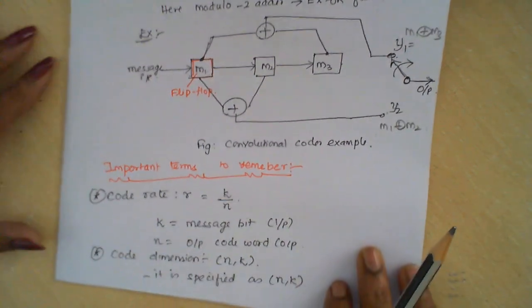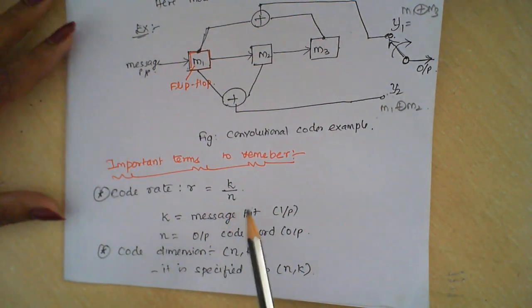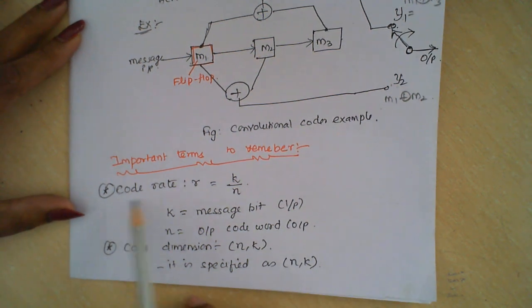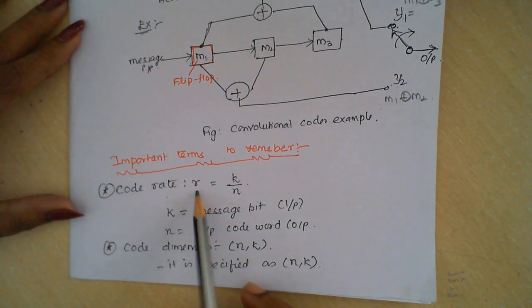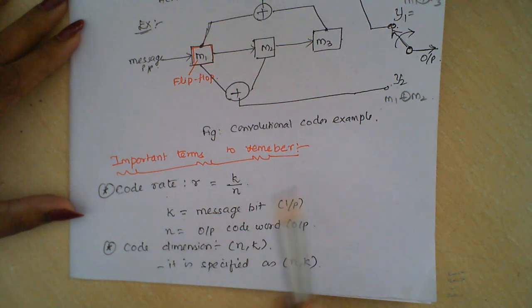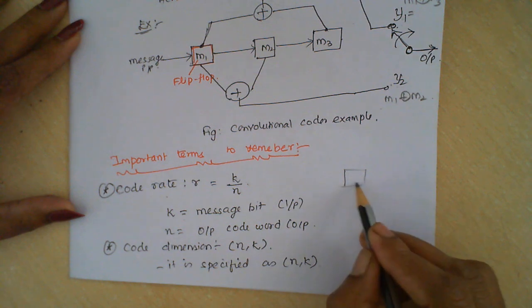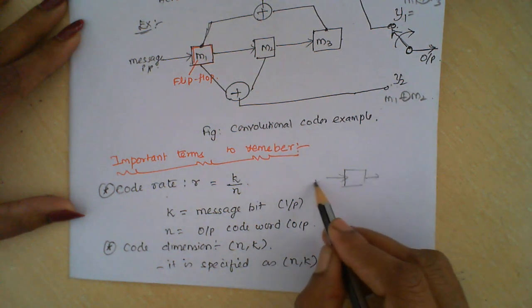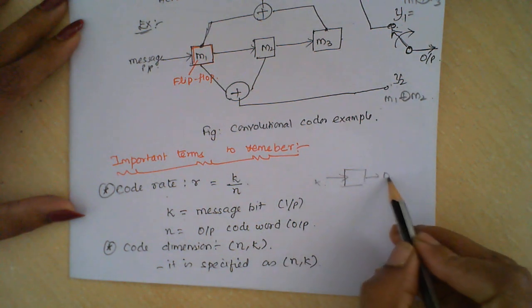Some of the important terms to remember when you go for convolution codes is code rate, which is given by R. It is the ratio of K by N. K is nothing but the message bits, as we have specified in terms of linear block codes. Here K message bits produces N code word.